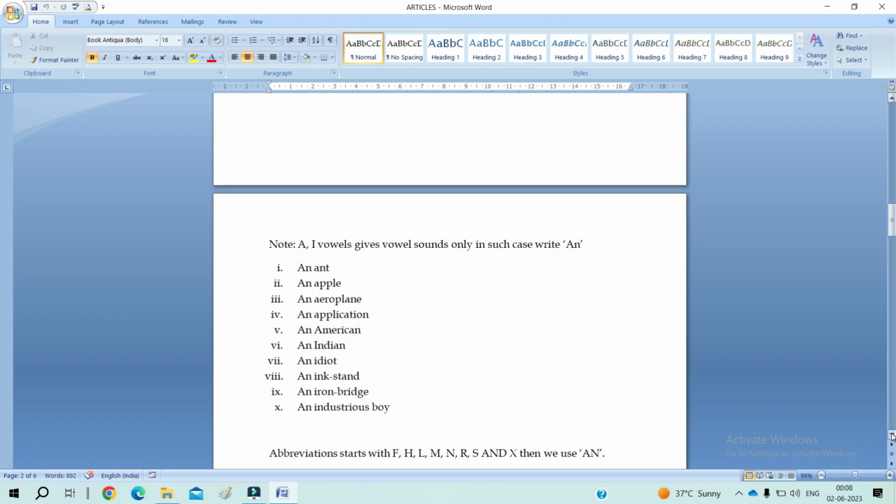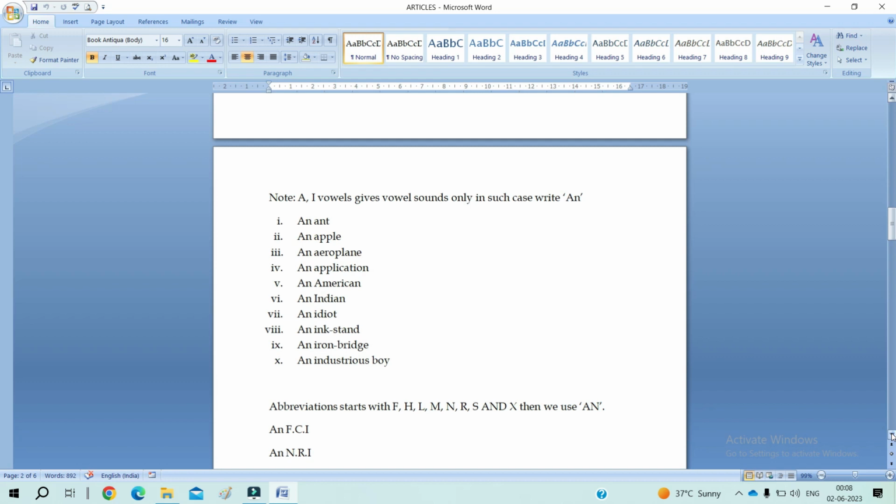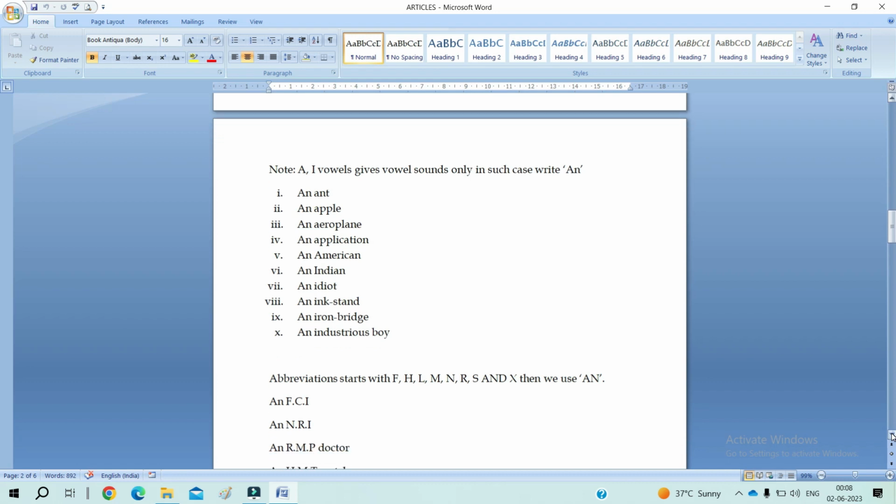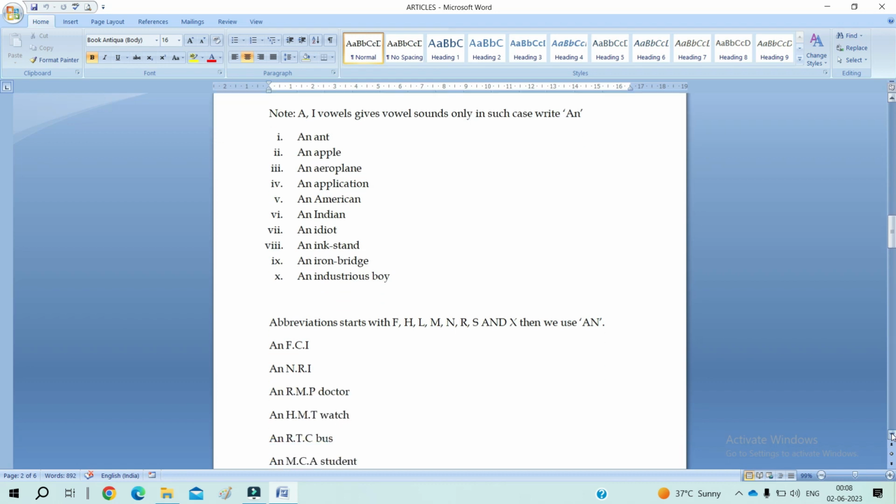Only in such cases, just write an. A and I are vowels, so it sounds like a vowel sound. Before that, you can write an. An ant, starts with a. An Indian, an idiot, an apple.